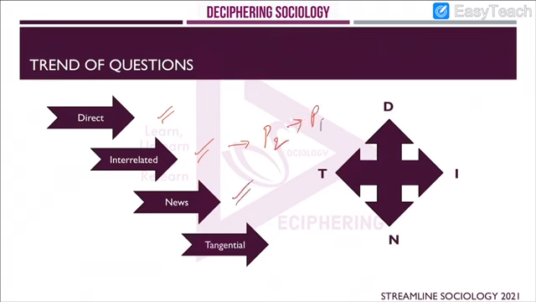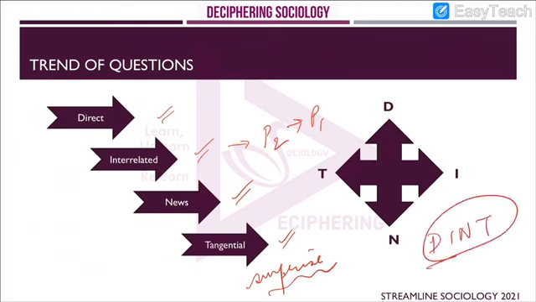Many questions will be related to the news or current affairs, and finally there will be some questions which will be tangential or which will seem to be the surprise factor of the paper. So we will call it the DINT strategy to tackle 2021.